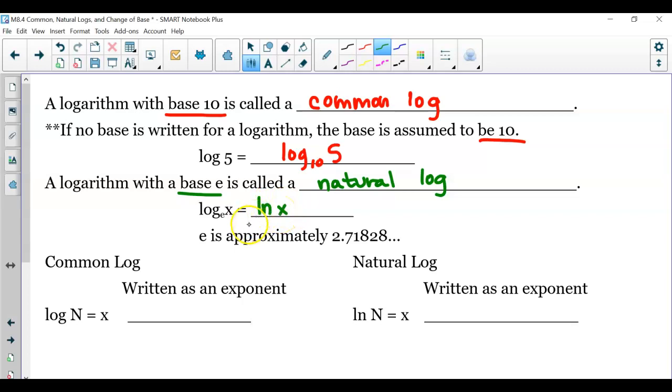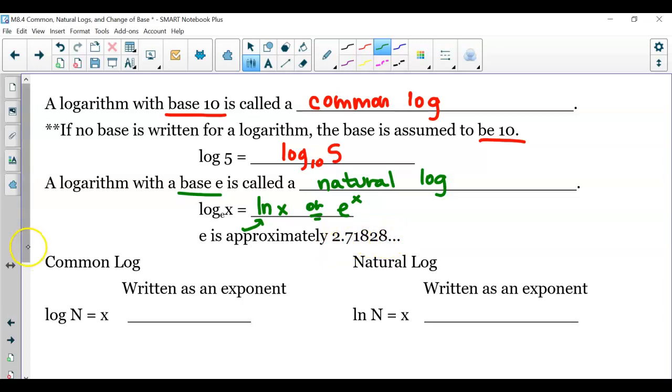We use ln to represent natural log, and we'll talk about e to the x, where e is kind of like pi, approximately a value that goes on and on like an irrational value.